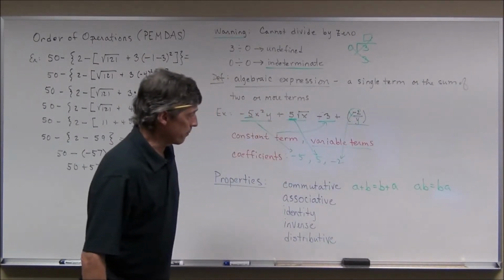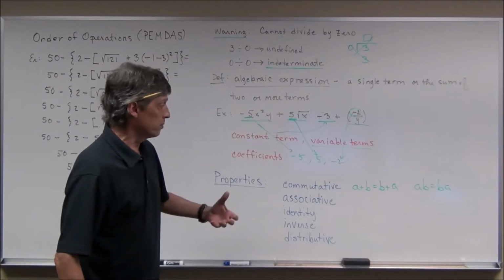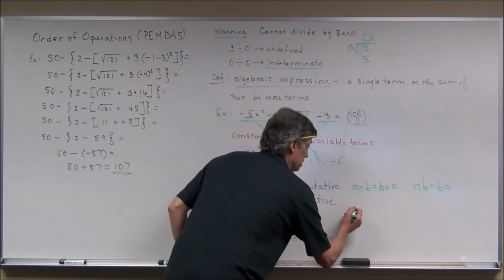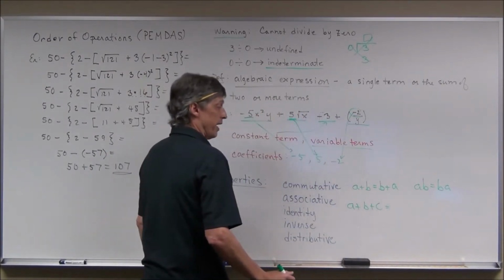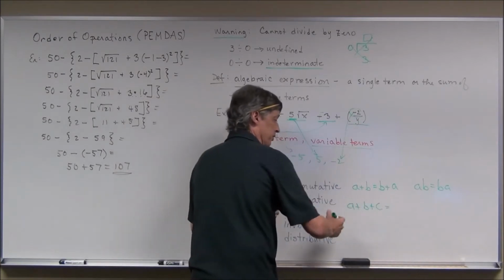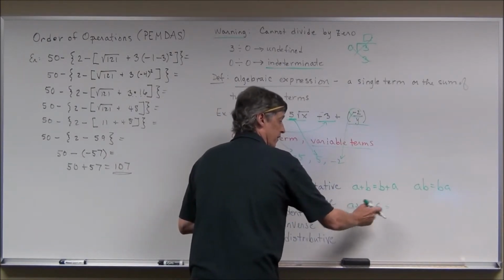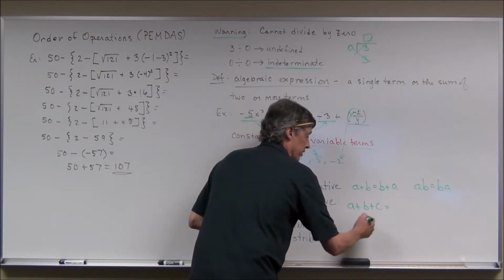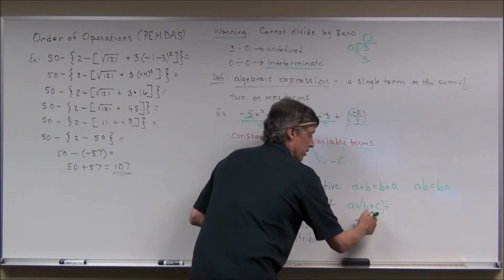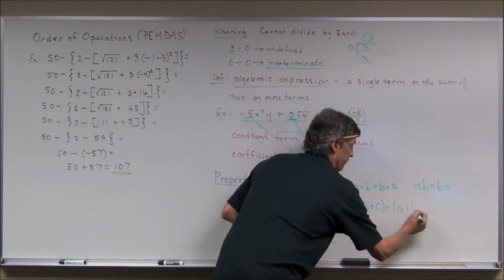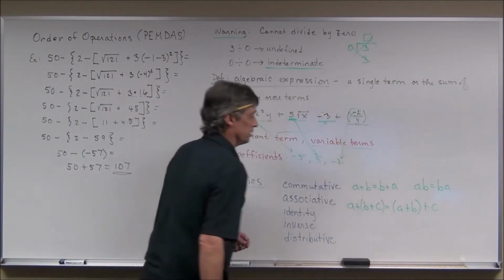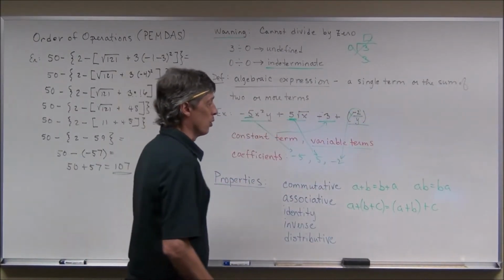The associative property has to do with adding or multiplying 3 terms. We're not going to change the order, but we are going to change which ones we add first, because without any parentheses, we would add from left to right. But I'm going to say that this expression, where I add these 2 terms first, is equal to the expression if I add the first 2 first and then the C. And that is also going to work for multiplication.